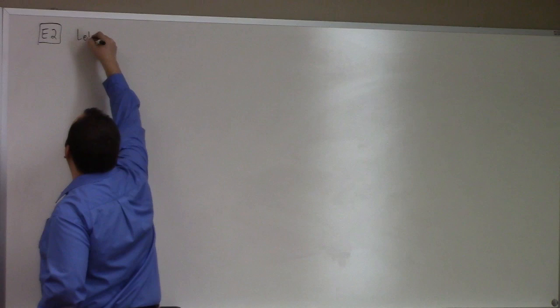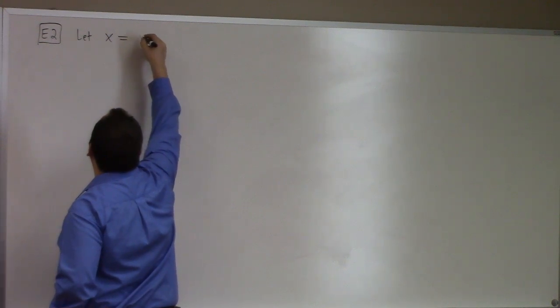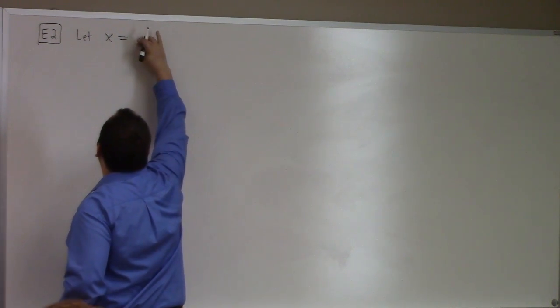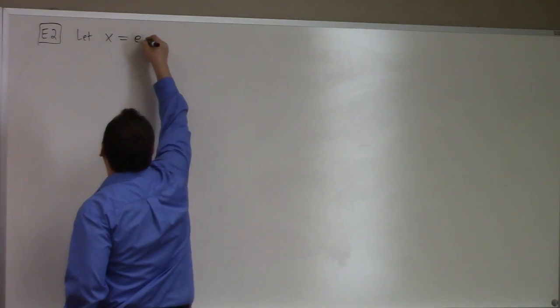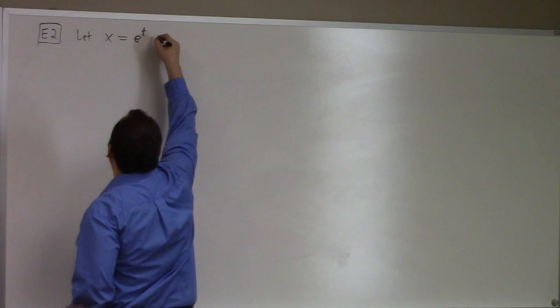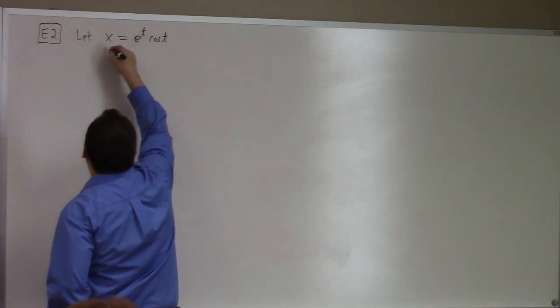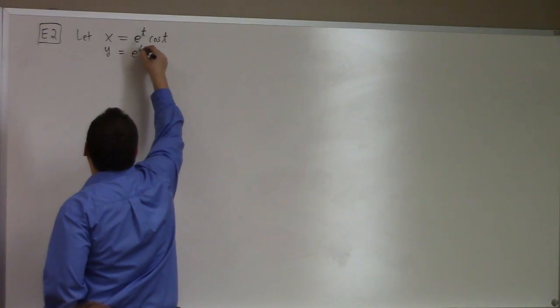Okay, I hope this works. I'm not sure. Let x equal to, oh man, I shouldn't make up. I'll do it, and we'll see what happens to us. How about that? Let x equal e to the t cosine t, and let y equal e to the t sine t.